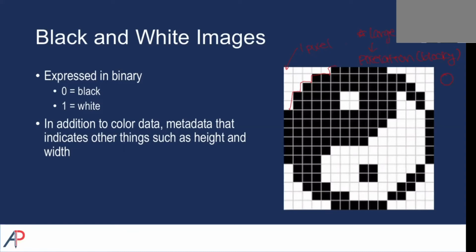For each image, you have pixels. Let's say this is one image. Obviously you have your pixels in here. But on top of your pixels, you have other metadata, such as height and width. The actual data itself is the pixels, because pixels are what make up your image.